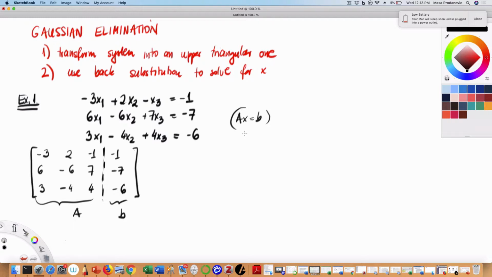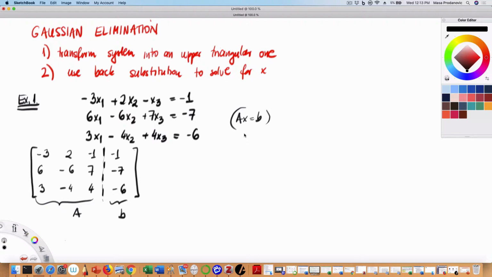So I'm going to go to row 2 and replace it with something that is going to make that first coefficient 0. What is that something? 2 times row 1, right?